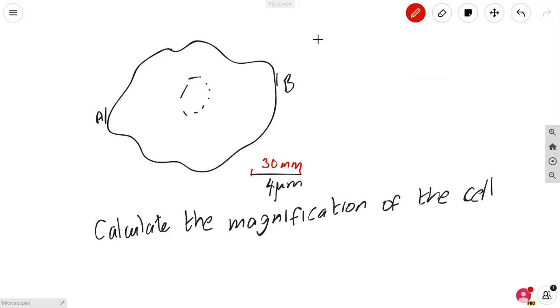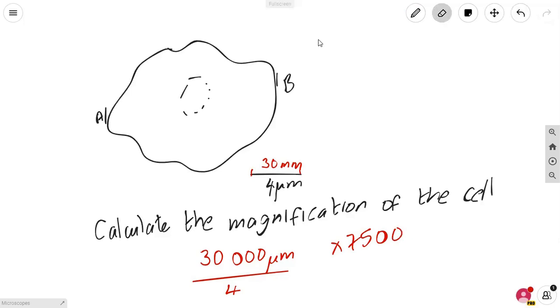I can ignore the cell completely. All I need to do is say, well, 30 millimeters is 30,000 micrometers. Just need to divide that by 4. That will tell me the magnification of the cell. In other words, the cell has been magnified 7,500 times. So that's the first of the possibilities.